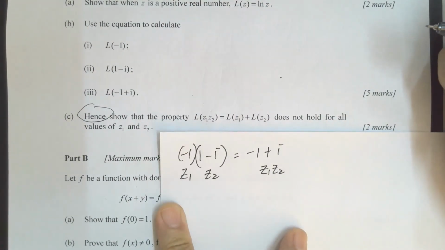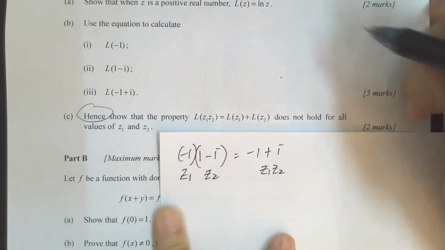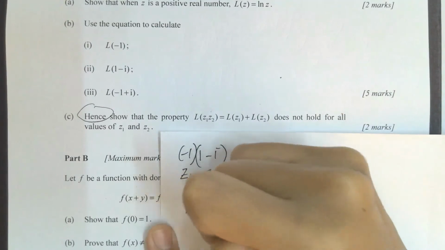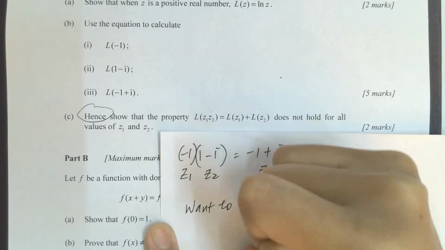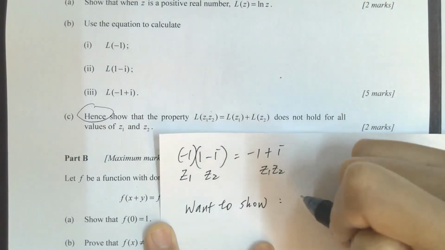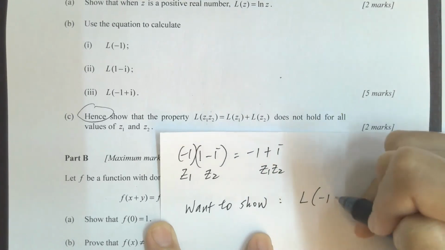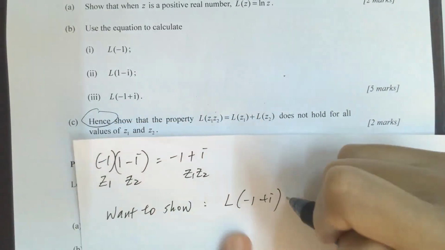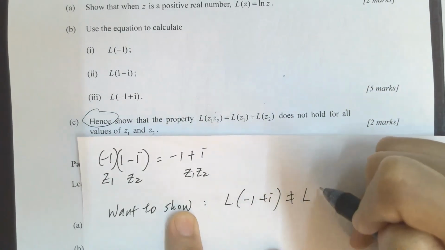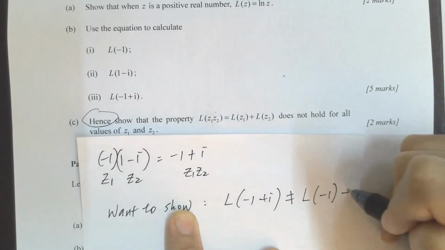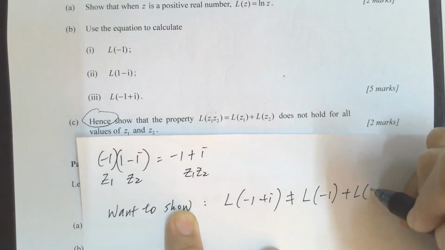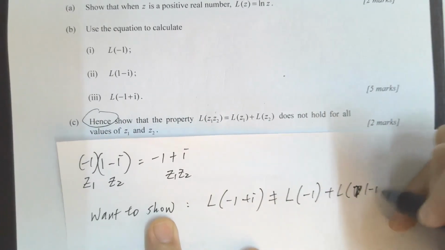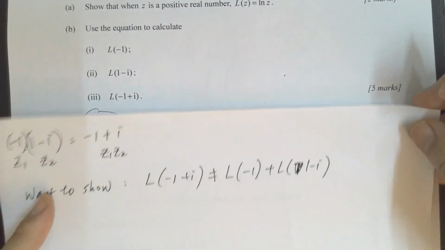So we want to show that L of negative 1 plus I is not equal to L of negative 1 plus L of Z2. Sorry, Z2 is our 1 minus I. We want to show that this equation doesn't hold.